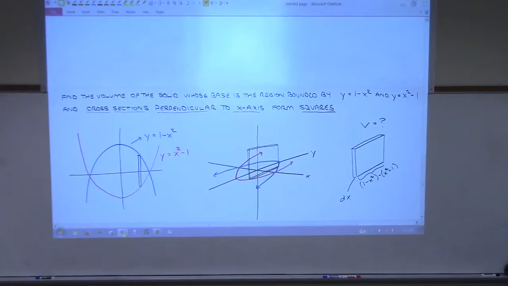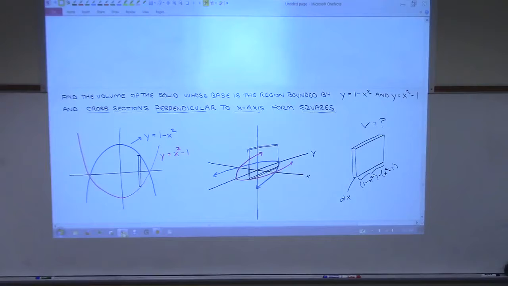Find the volume of the solid whose base is the region bounded by, that's like a flying gnat that's flying around up there, but it's showing up on here.